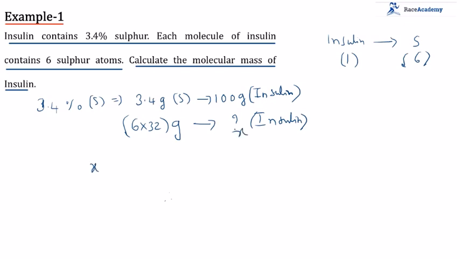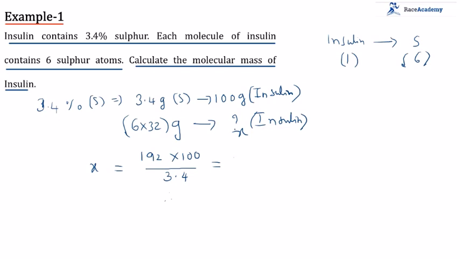What is x? x is equal to 6 into 32 is 192, into 100, divided by 3.4.